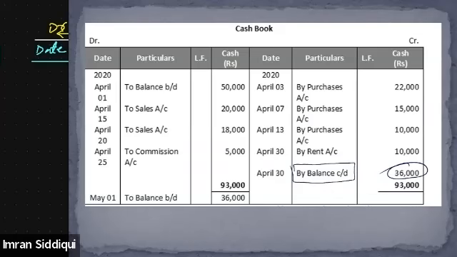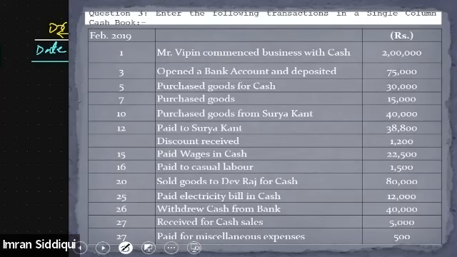We won't be covering anything else in today's class. I'm giving you 2 questions for the homework as well, and I'm assuming that you will be able to do those questions as well. In the next class, we will discuss the double column cash book. But kindly take the screenshot of the 3rd question. This is going to be homework.